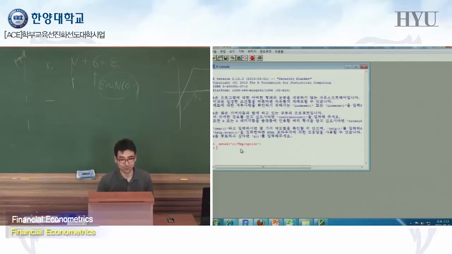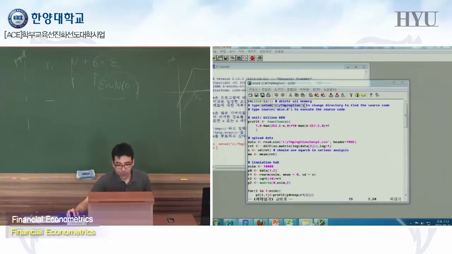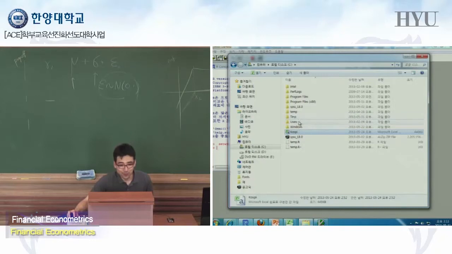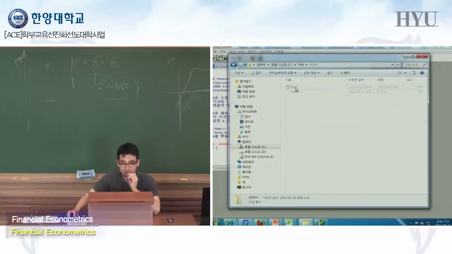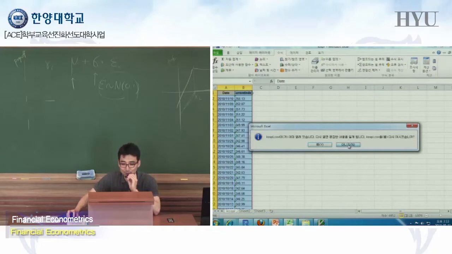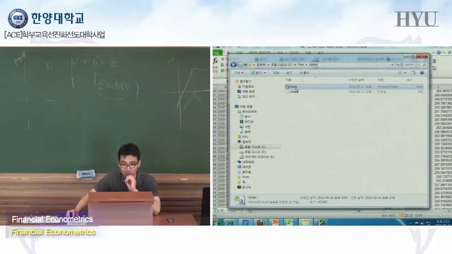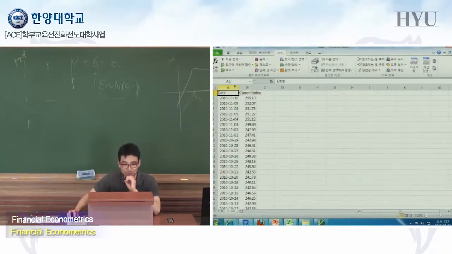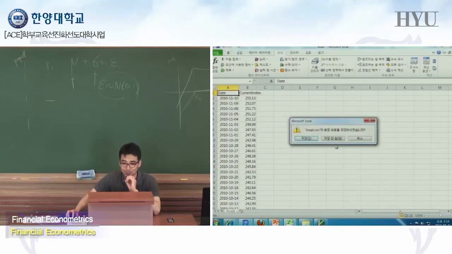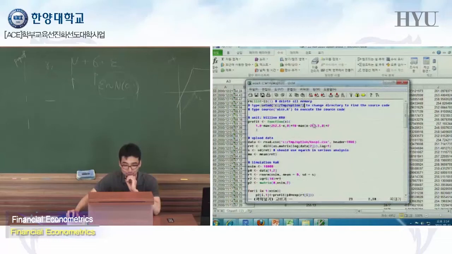In my working directory, I have a TMP and option folder, and I saved the file called KOSPI. So let me open this file, and this is my file. Looks like this. Okay, so this is my data set. So I read this data, and let me run from here to here.